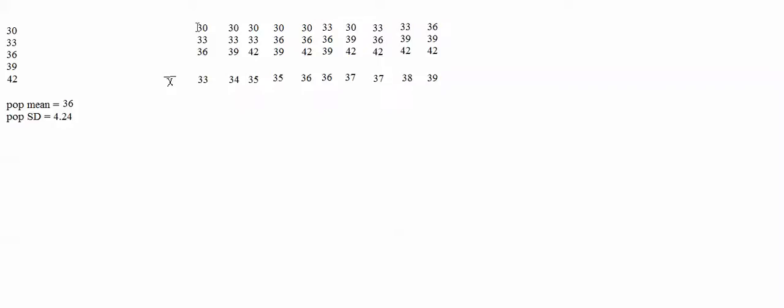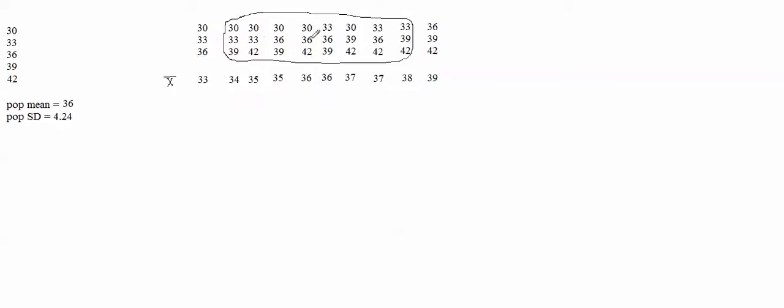We have 10 possible samples, and 80% of 10 is 8. So the middle 80% of the 10 samples is just the middle 8 of the 10 samples. If you leave out sample 1 and you leave out sample 10, there's 8 samples in between.